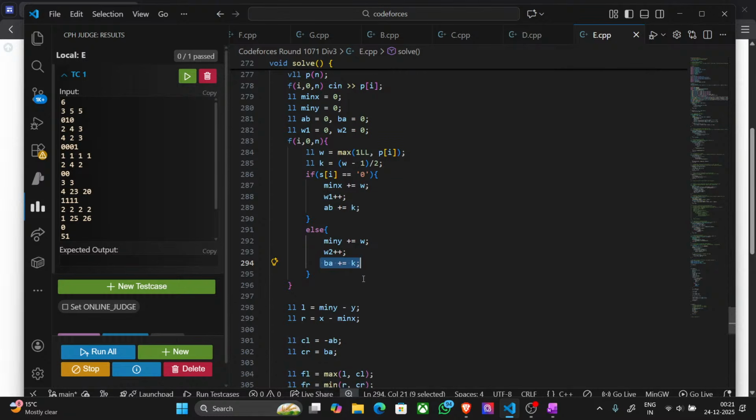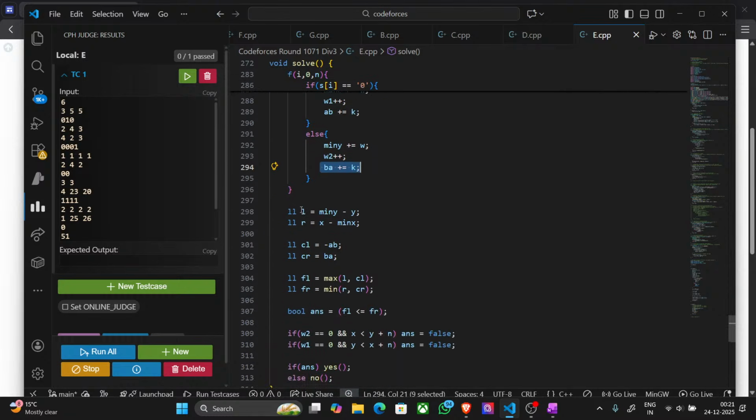So then I am trying to find the minimum range in which it satisfies. So I've just taken the L as minimum y minus y, and R as minimum x minus minimum x. Then this is the cap value of L, at which point the L is capped so that it doesn't go beyond the range. It will be minus AB, and cap R will be BA.